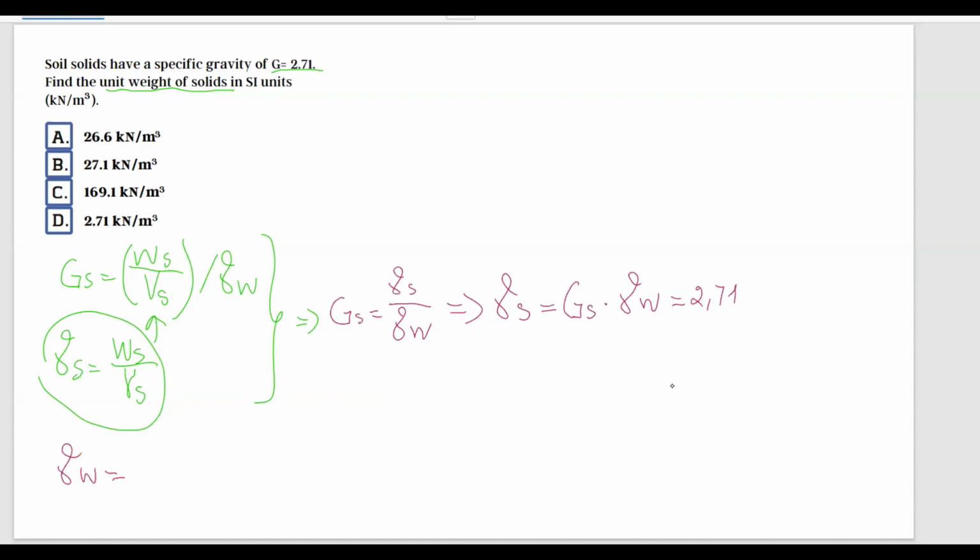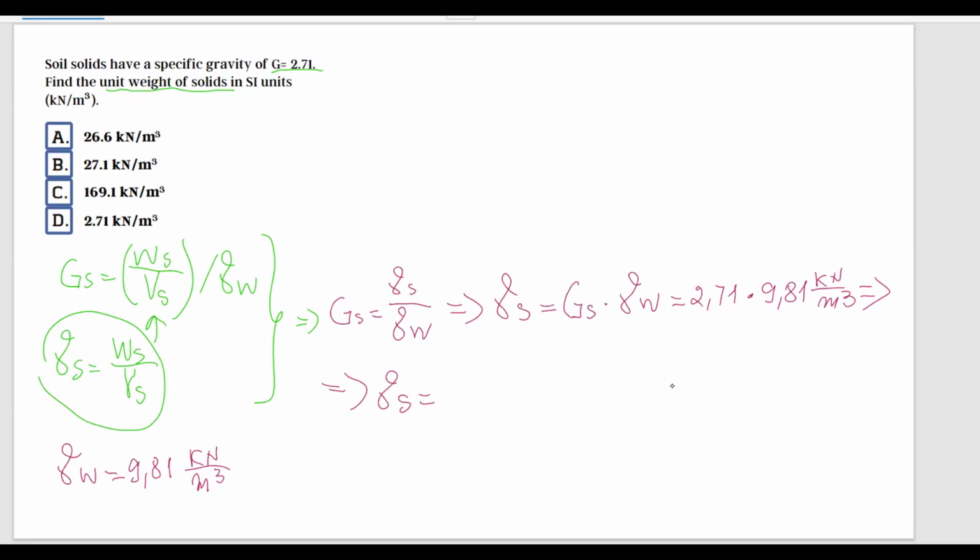So going back to our problem, I'm going to write this down, 9.81 kilonewtons over meters cubed. So here we multiplied by 9.81 kilonewtons over meters cubed equals to the result, gamma S equals 2.